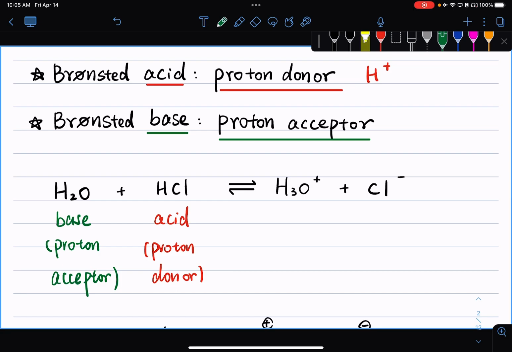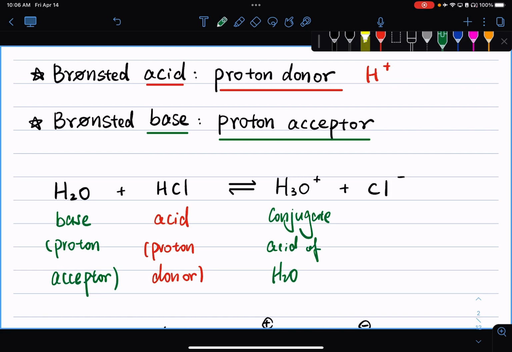And that's on the reactant side. You have an acid reacting with a base. On the product side, we have the conjugate acid of the base. So H3O plus, that's the conjugate acid of H2O.